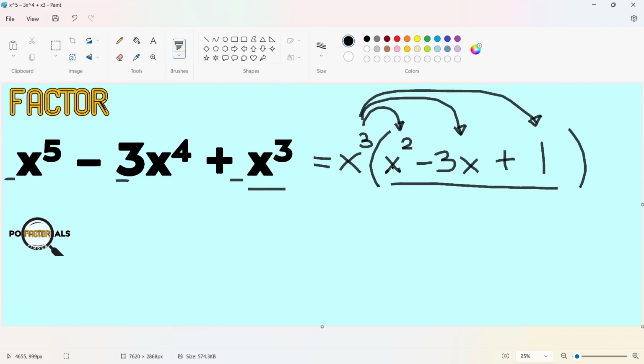X squared is a perfect square. 1 is a perfect square. But there's also the criteria. The middle term should be twice the square root of first and third term. The square root of x squared is x, so it's here. Good. The square root of 1 is 1, but this is not twice, this is thrice.